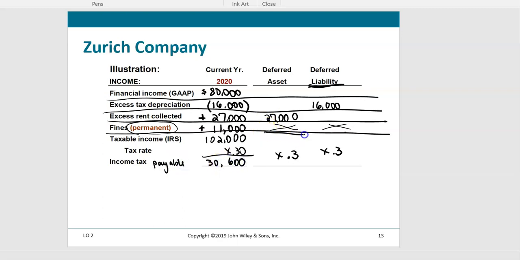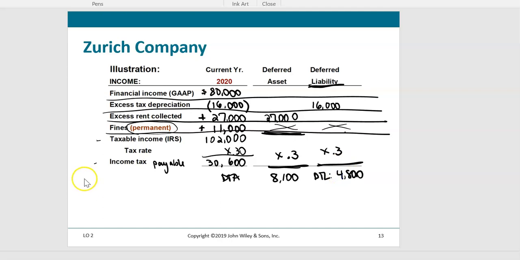Our total deferred tax asset on all of our items is $27,000. Multiply that by 30% to get our deferred tax asset of $8,100. Our total future taxable amounts is $16,000. Multiply that by the tax rate of 30% to get our deferred tax liability amount of $4,800.